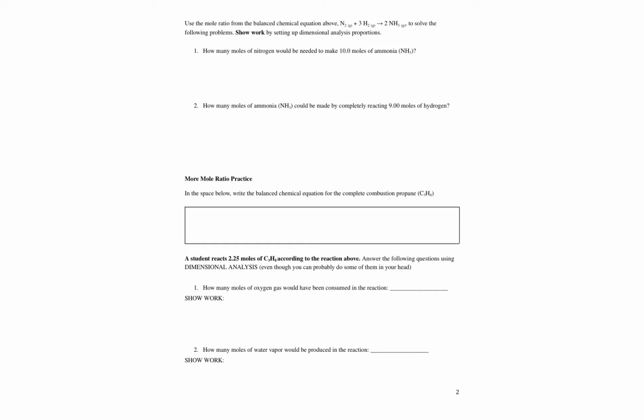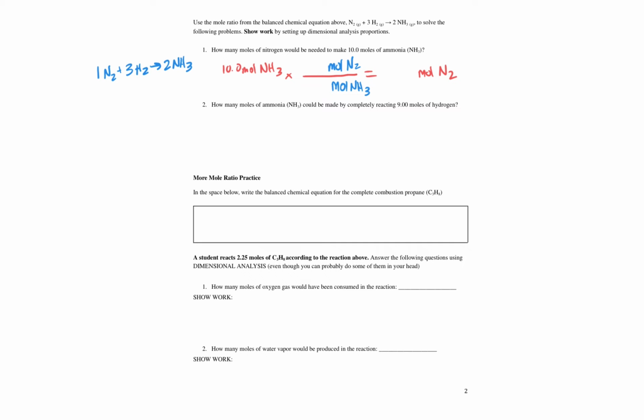So the first question is, how many moles of nitrogen would be needed to make 10 moles of ammonia? Pause the video and try to solve this using dimensional analysis. Well, if we're starting with 10 moles of our product, NH3, and we want to know how much of the nitrogen must have been consumed, we need some ratio of moles of NH3 to moles of N2.